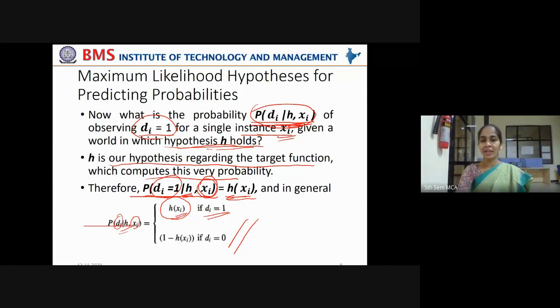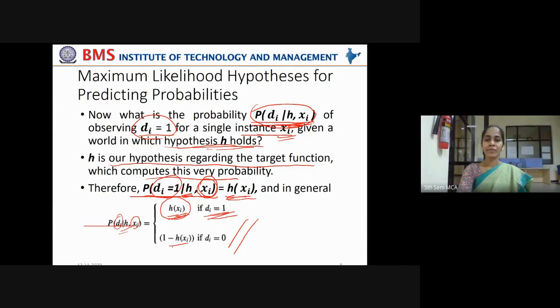This xi training instance is according to this hypothesis statement if di equal to 1. Correct? The patient xi is surviving, meaning the outcome is equal to 1, meaning this training example or this patient is in accordance with the hypothesis made. That is why we are writing h of xi if the outcome is 1, if the patient is surviving.